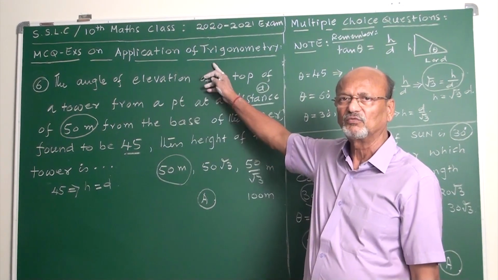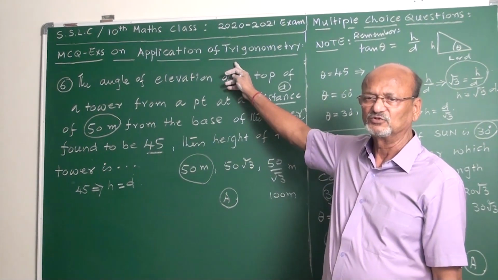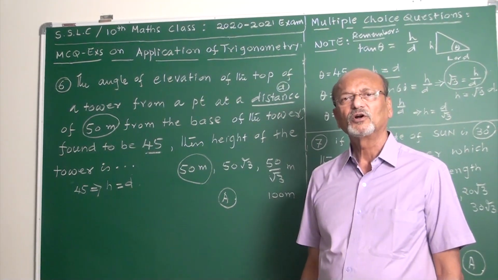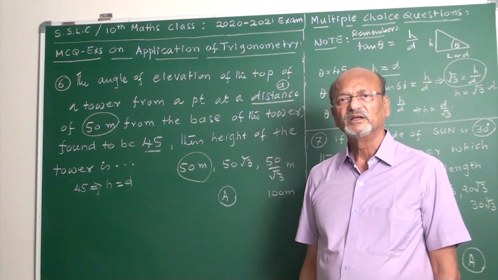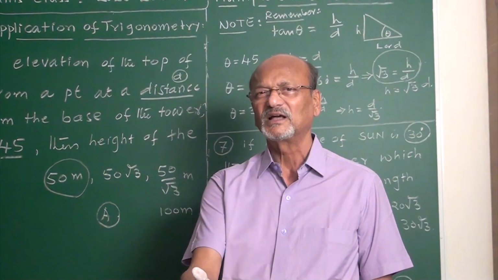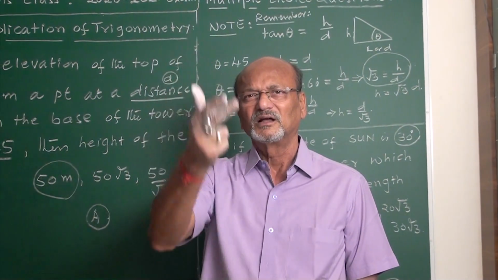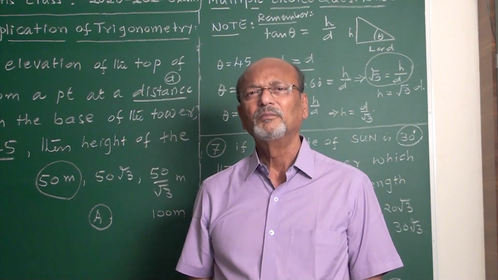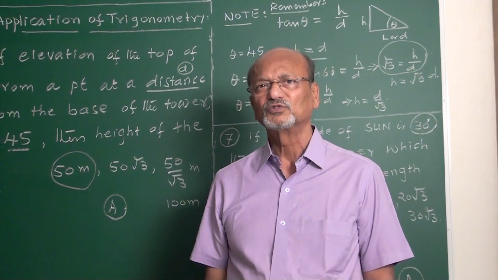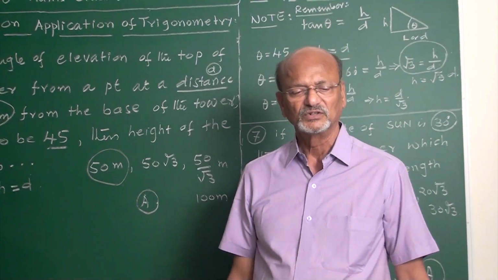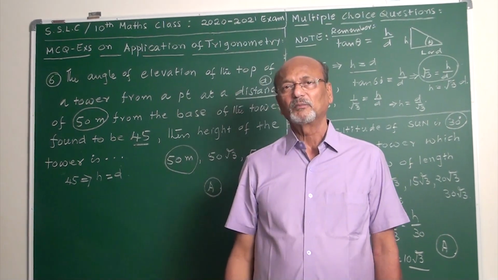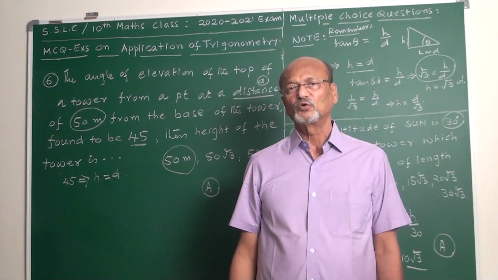Trigonometry means application of trigonometry, and in coordinate geometry I have done some examples on collinearity of points. If the points are collinear, the area of a triangle is 0. Based on that, even perimeter, very simple example. Then median. I have done some examples based on all those things. With this I can say I have done fairly good examples on these two topics, trigonometry as well as coordinate geometry.